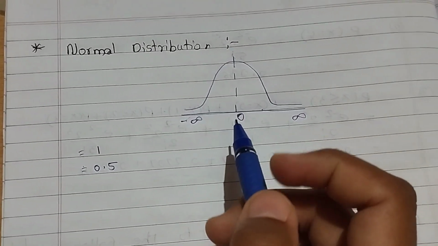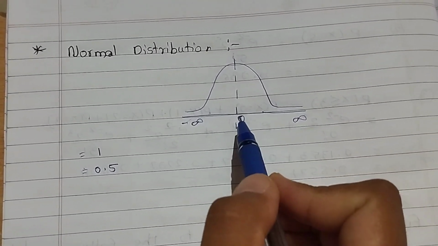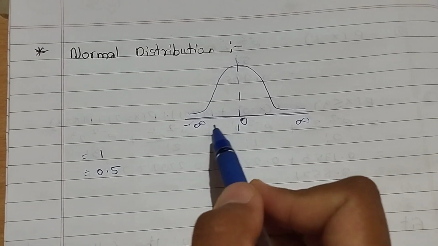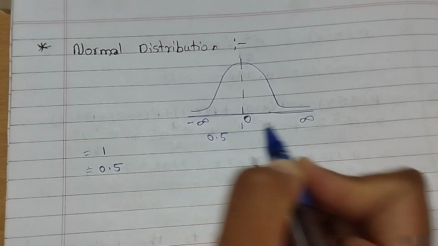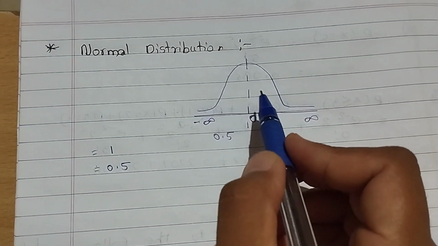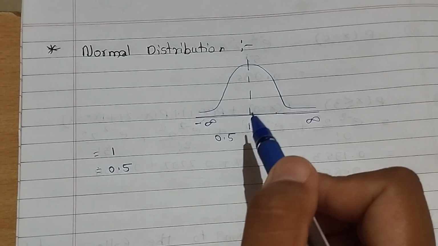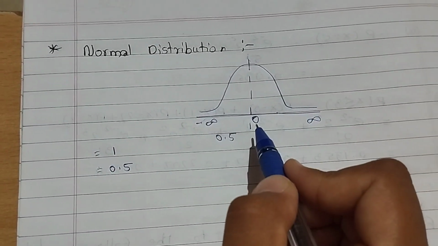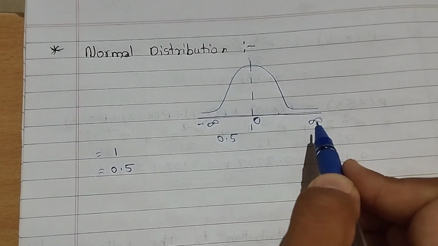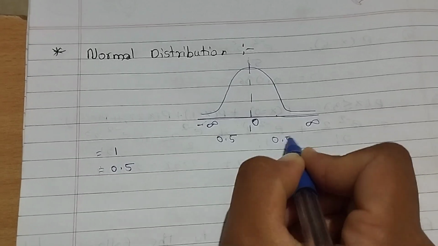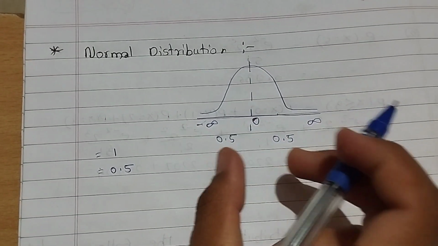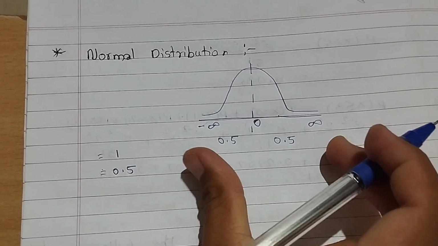So the area under the curve from z equal to minus infinity to z equal to 0 is 0.5, and the remaining part of the curve, from z equal to 0 to z equal to infinity, also has area 0.5, and when we add both these two equal parts, we get the total area.